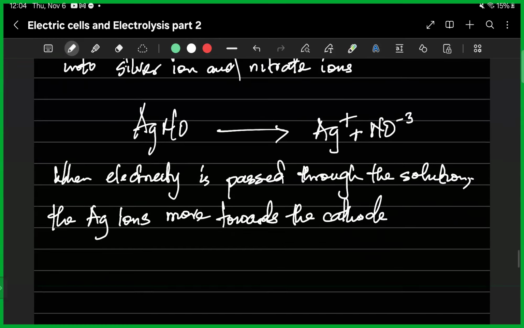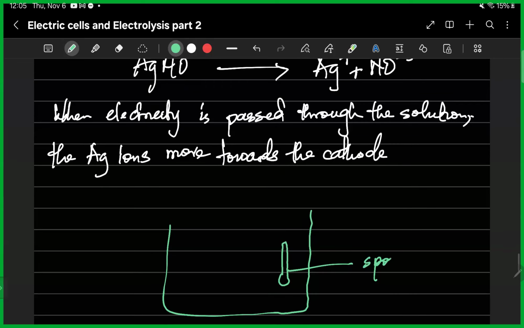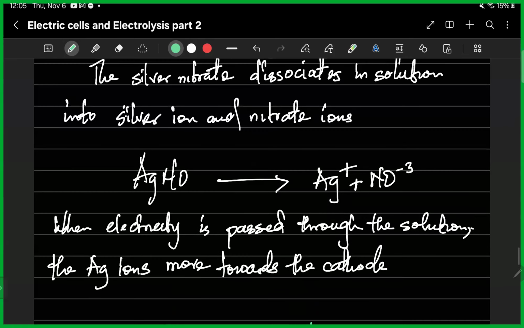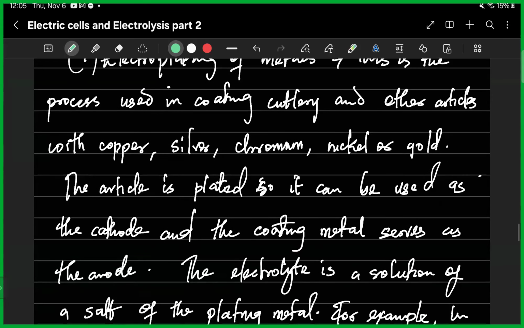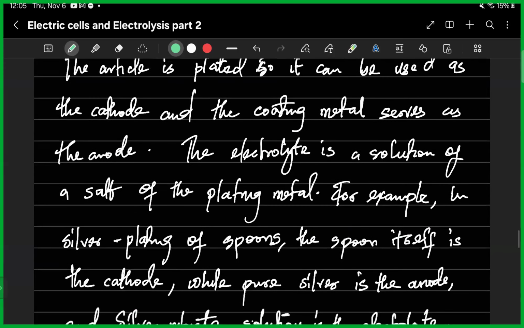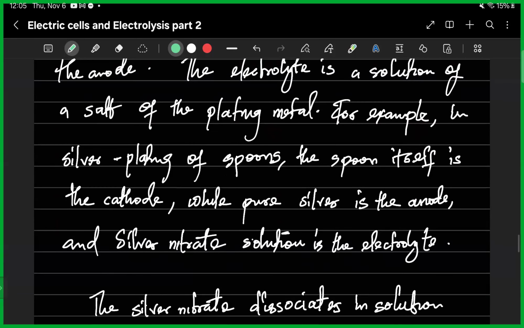Let's paint a picture of what we have. This is a container, and then we have the spoon right here. We were already told that the spoon itself will serve as the cathode.